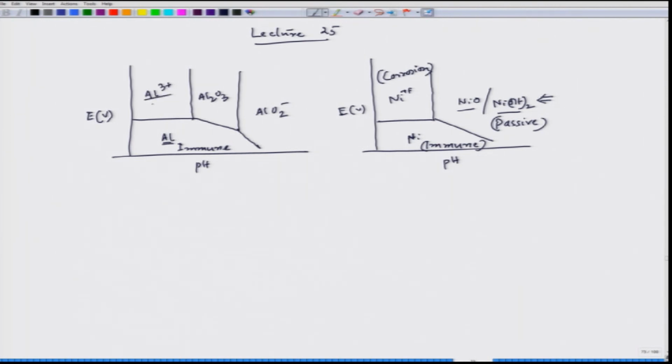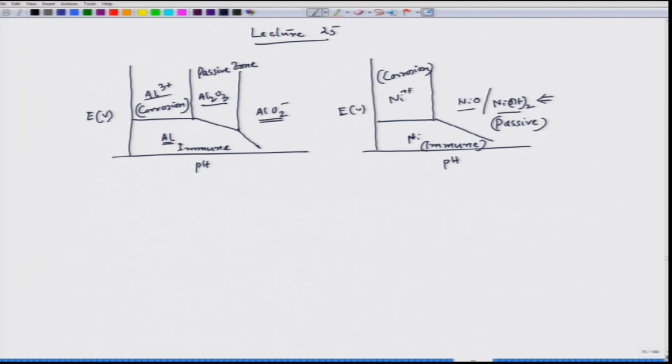This is Al plus 3, so this is corrosion zone, and of course, here we are forming Al2O3, that is what this passive zone is, where aluminum oxide forms on top of aluminum, and then it actually gives protection to the aluminum and aluminum corrosion is limited.